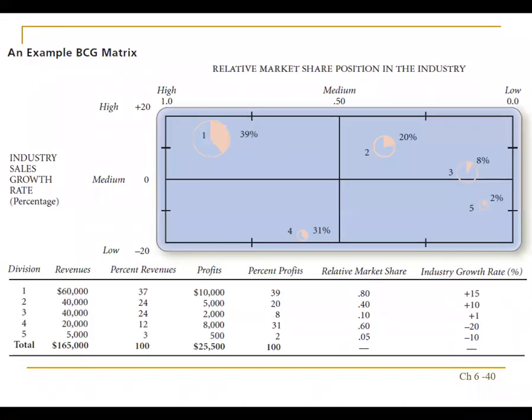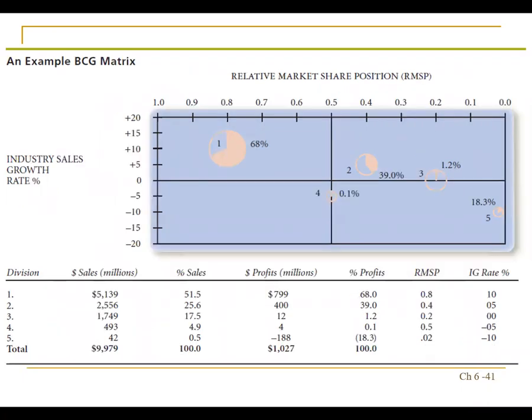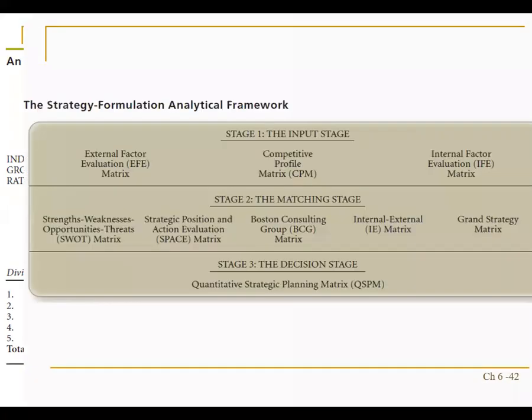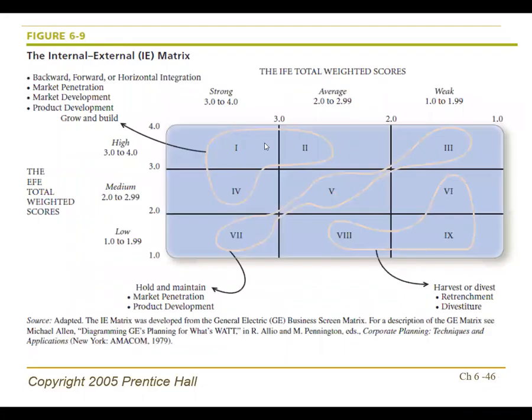You can see that in the BCG matrix we have 4 quadrants, but in the internal and external matrix we are given 9 quadrants. That is the difference. Otherwise it is similar to the BCG matrix.